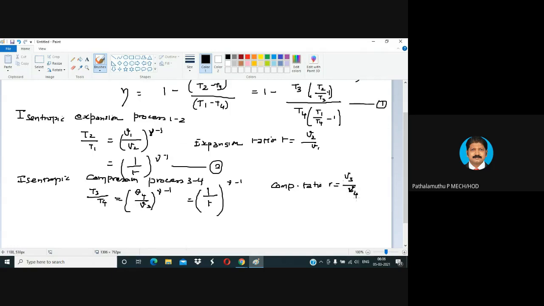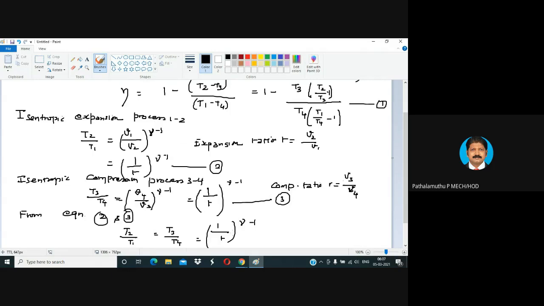From equation 2 and 3, T2 by T1 equal to T3 by T4 equal to 1 by R power gamma minus 1.